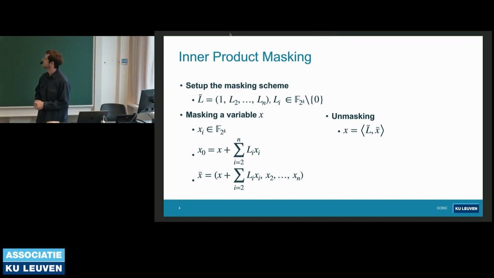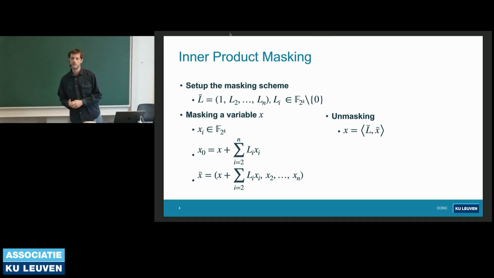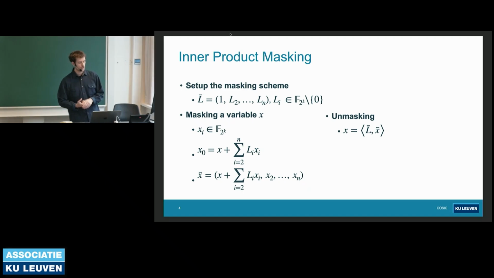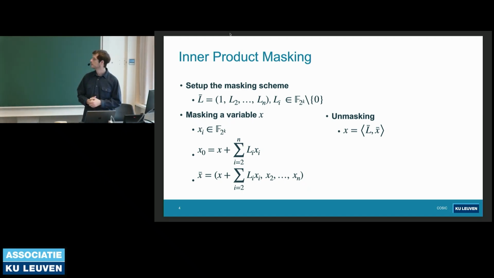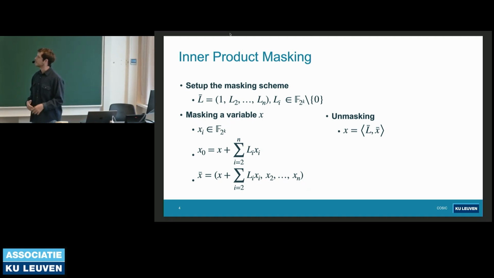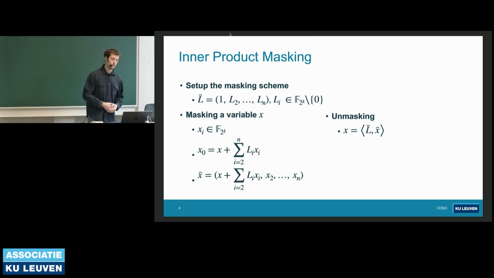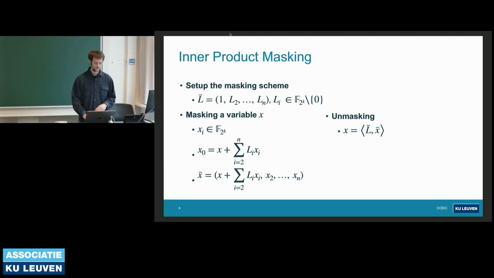In this work, we were interested in inner product masking. Inner product masking first has a setup phase, where you define a public vector L. L is known. It always starts with 1, and then you use random non-zero values Li.